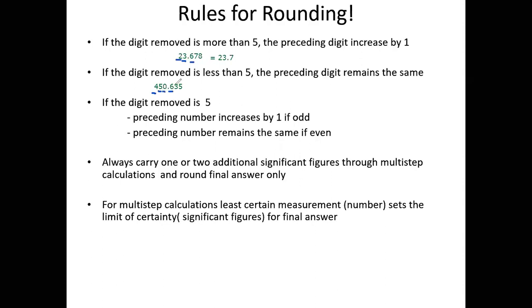After the 6 is a 3, so since 3 is less than 5, we just drop the 3 and the 5, and we keep the 6. So here the answer would be 450.6. Now it just has to be less than 5 or greater than 5.